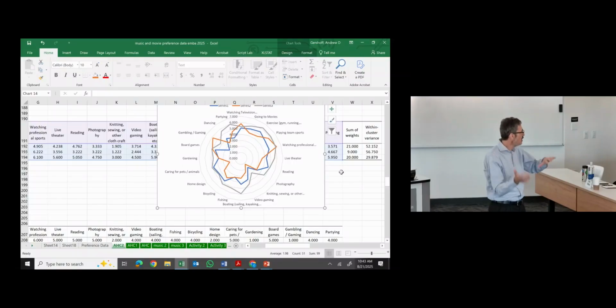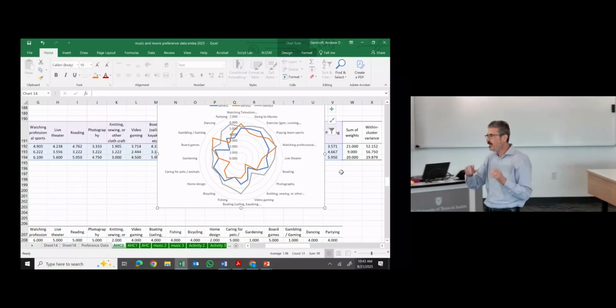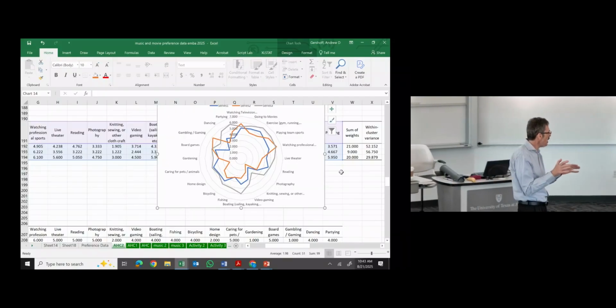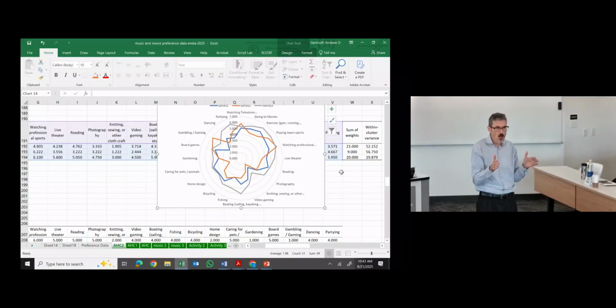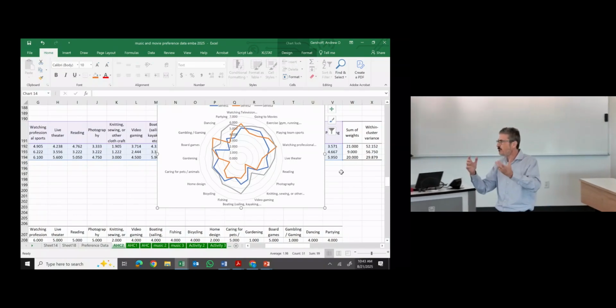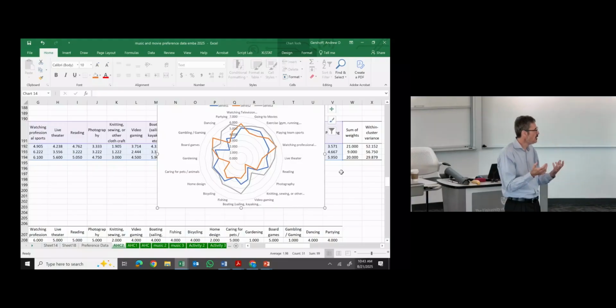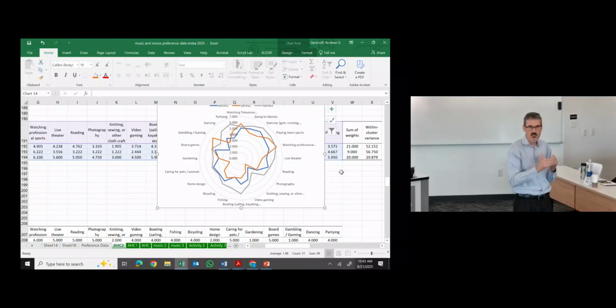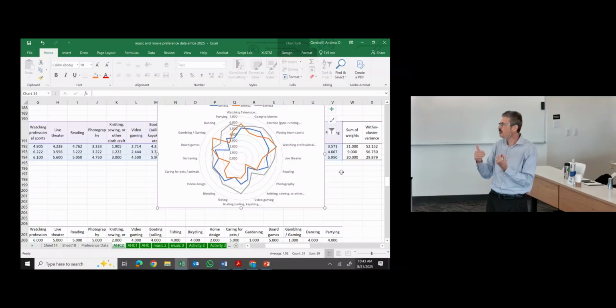I'm going to do that iteratively, again and again and again. Each time I do that, the amount of change is going to get smaller and smaller as I get really, really close. At some point it may vacillate back and forth, but essentially there'll be very, very little change. Then I will measure the amount of change from one iteration to the next, and when that amount of change gets very, very small, I'll quit.